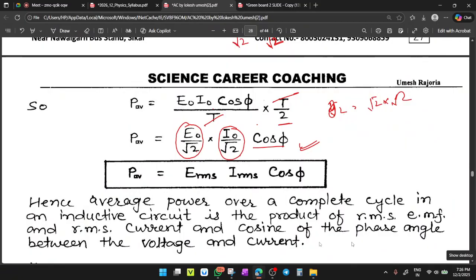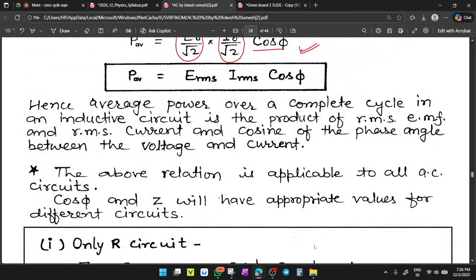Hence the average power over a complete cycle in an inductive circuit is the product of the RMS EMF, the RMS current and the cosine of the phase angle. Why are we saying the average power over a complete cycle in the inductive circuit?